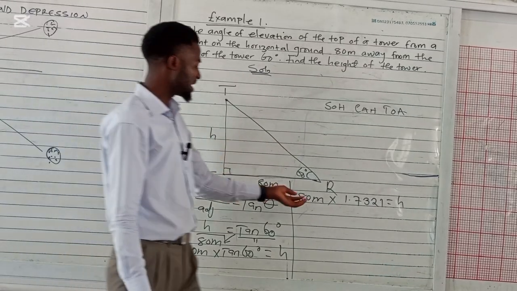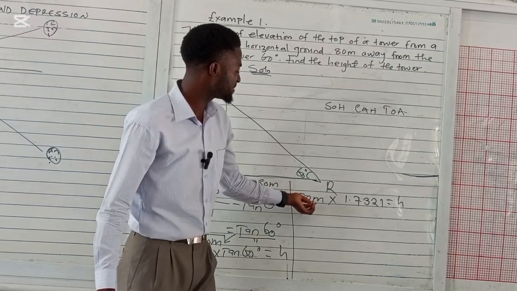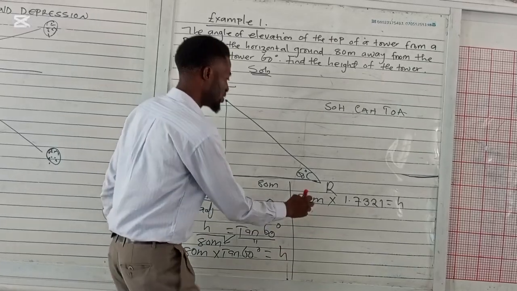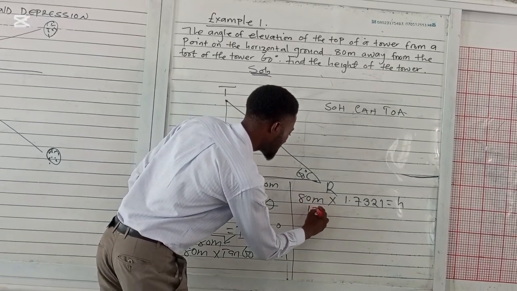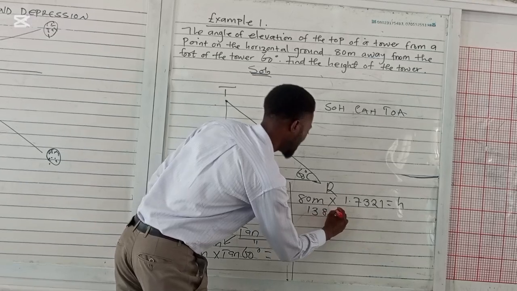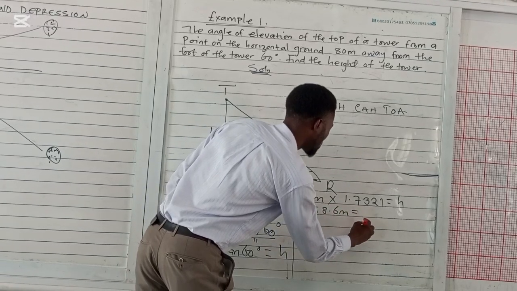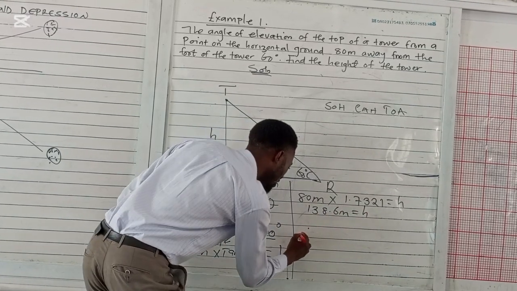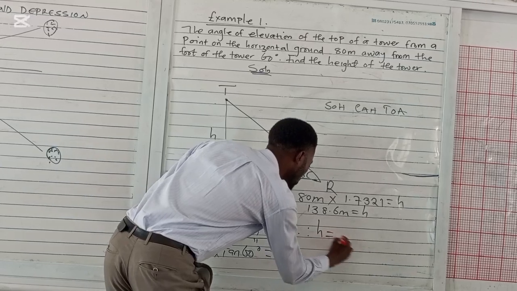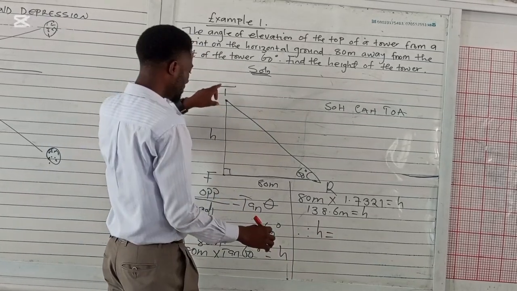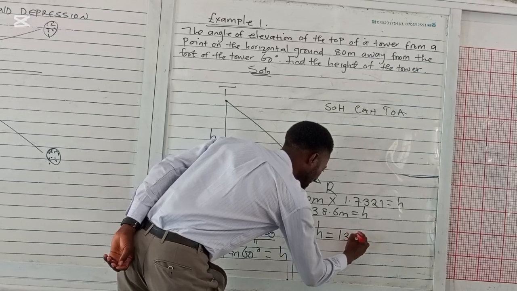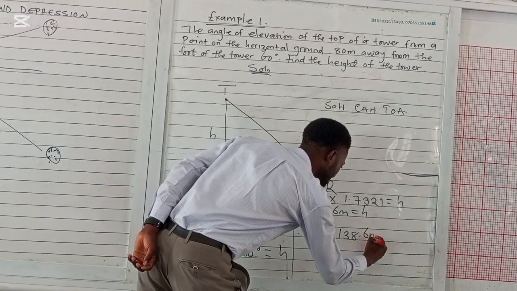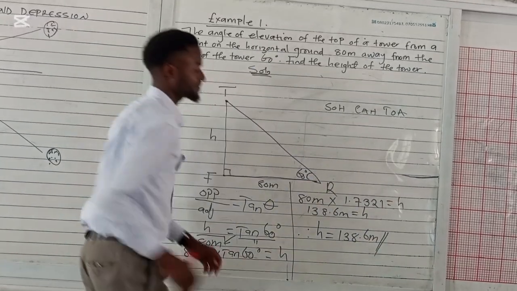So 80 meters times this gives us 138.6 meters, which is equal to the height. Therefore, the height of the top of the tower from the foot is 138.6 meters.